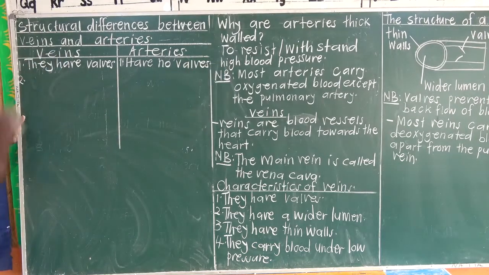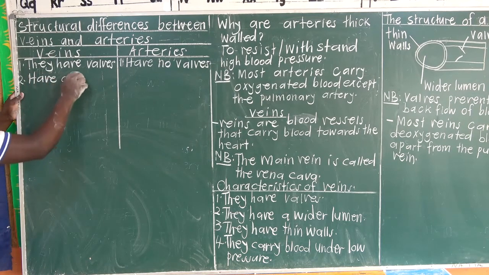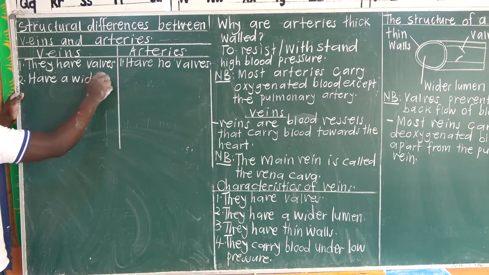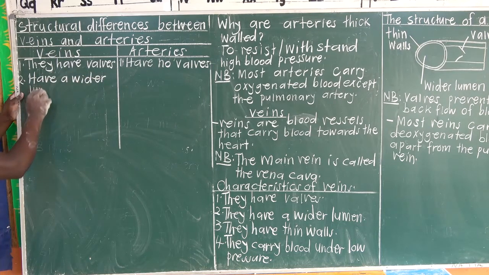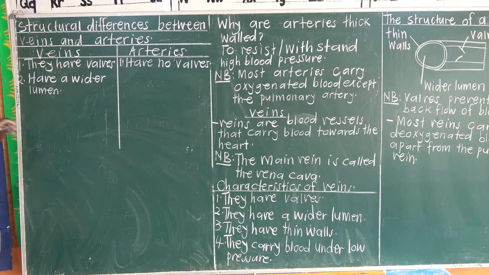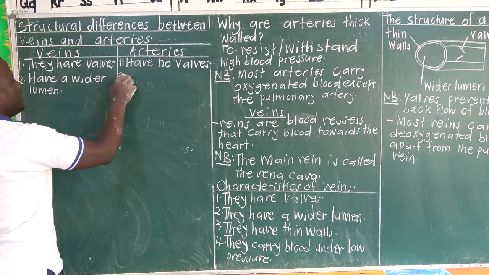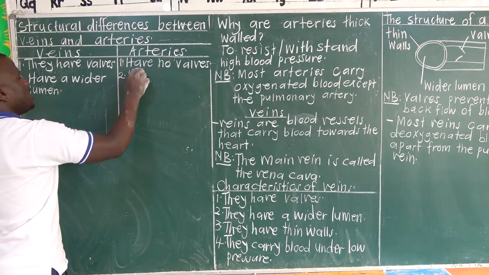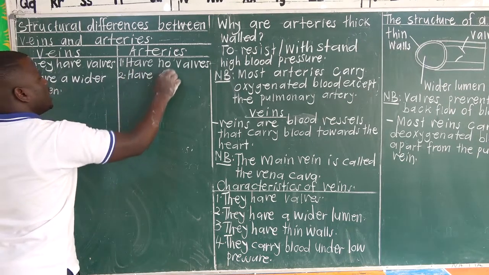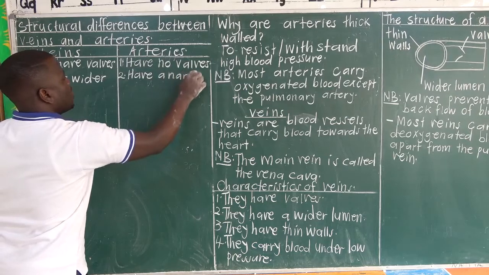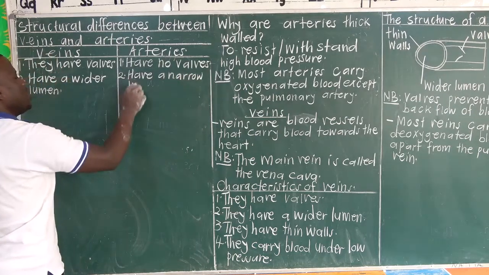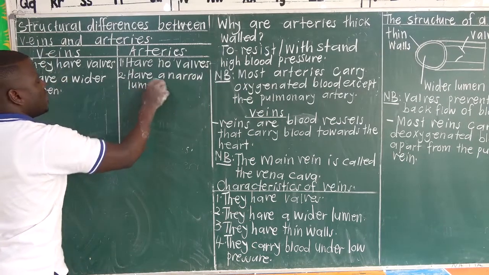Number two, veins have a wider lumen, then arteries have a narrow lumen.